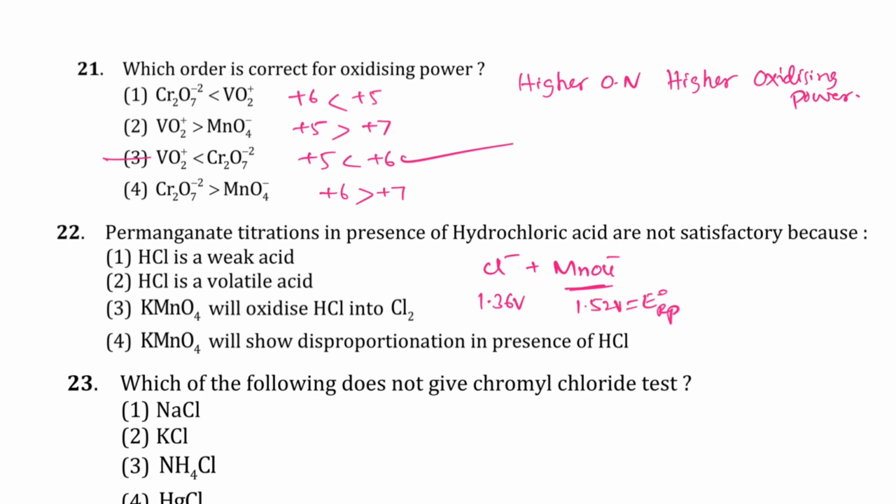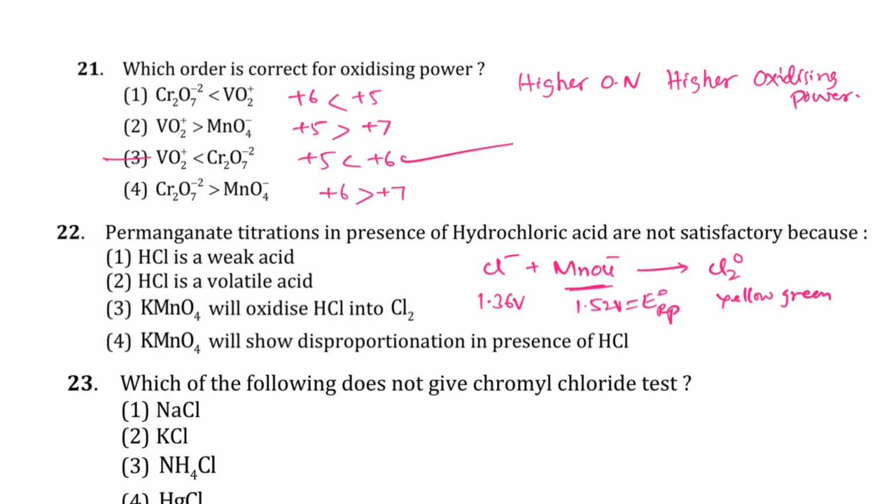Therefore, the higher electrode potential can oxidize the lower one. Cl minus is converted to Cl2, it is oxidized and produces a yellow green color gas.